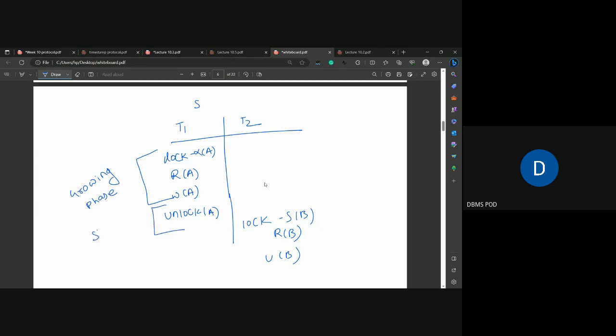So this is called the shrinking phase. So for transaction T1 you can see that it follows the two phase locking protocol, and for transaction T2 you can see that this is the growing phase and this is the shrinking phase.